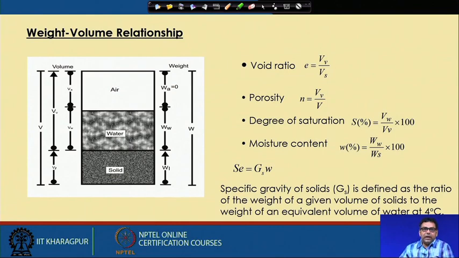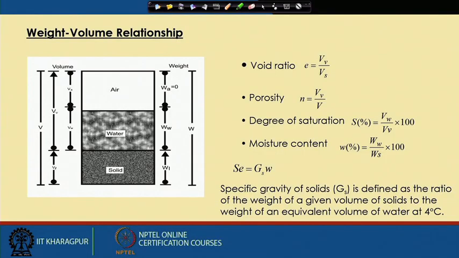So, the next topic that is very important is the weight volume relationship of the soil. As we know, soil is a 3-phase system. That means soil has soil particles and in between the soil particles there are voids. These voids can be filled with water or they can be filled with air. That is why soil has three phases, that is solid, water or liquid, and gas or air.